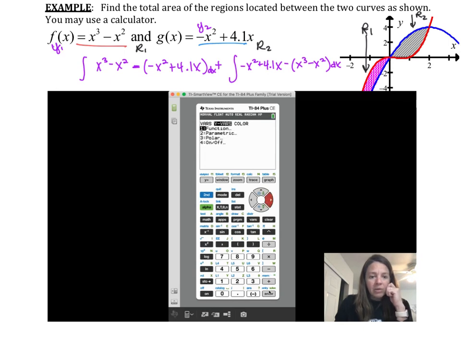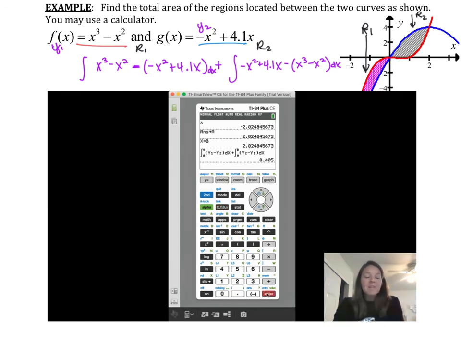So variables, y variables, function y2 minus variables, y variables, function y1. Then I'm going to go over and choose dx. And now when I hit enter, it gives me the area of those two regions. So that's how we would use our calculator on this particular question.